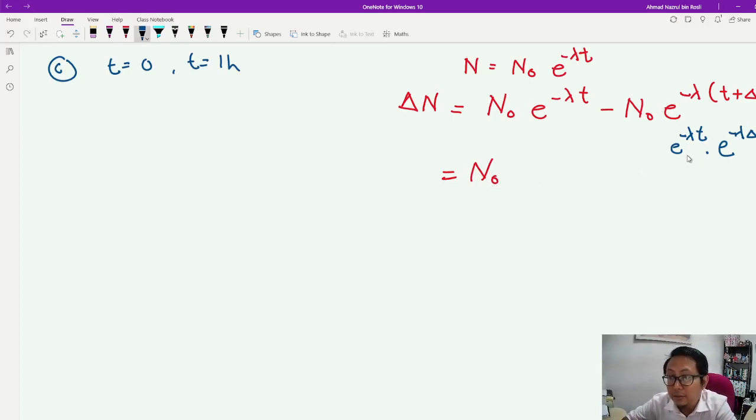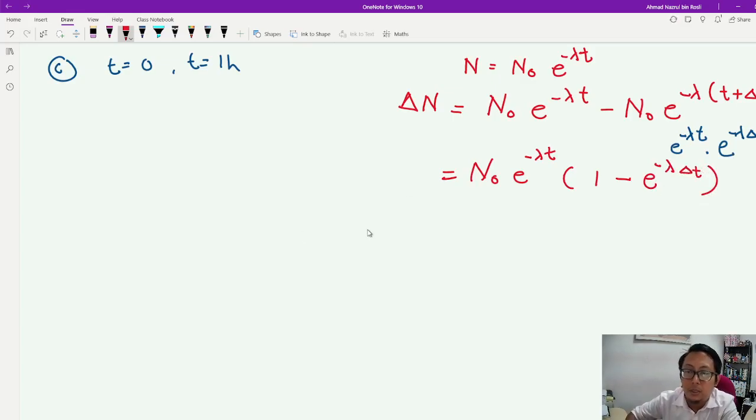So we can still factorize here. What we have is exponential minus lambda t times 1 minus exponential minus lambda delta t. To make it easier, because we are using t equal to 0, exponential 0 is equal to 1.